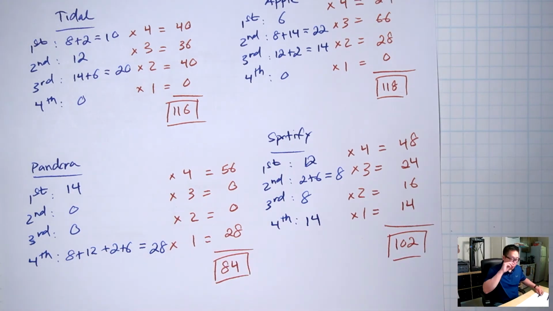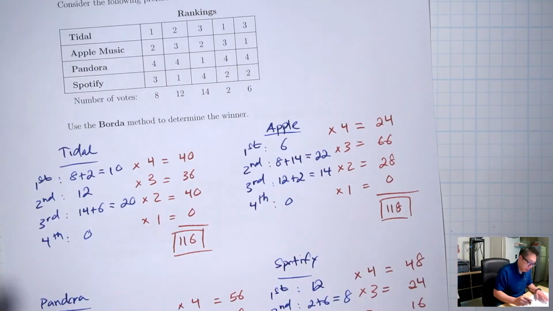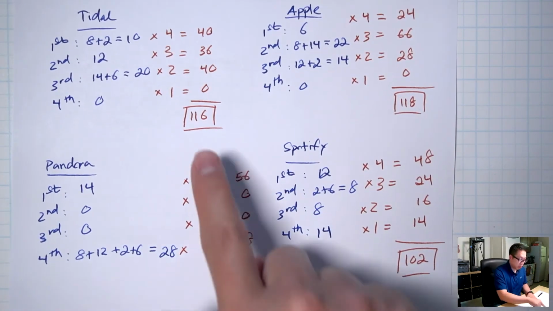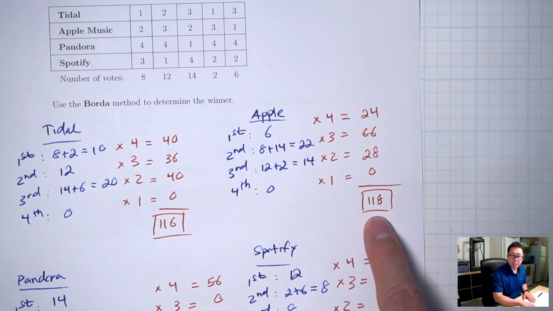All right, so now that we have the total Borda score for each candidate, who wins? 116, 118, 84, and 102. The 118 is going to win, so Apple wins the Borda method.